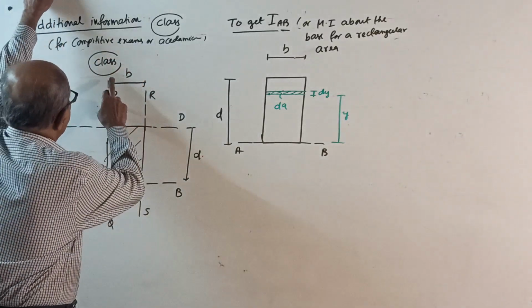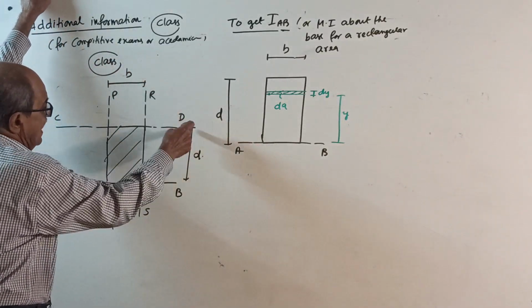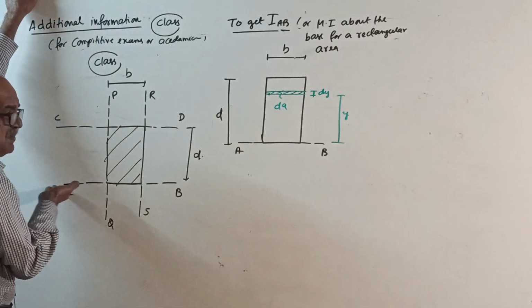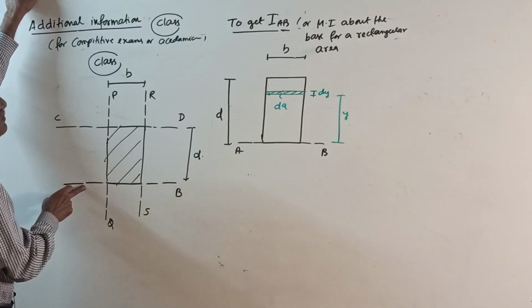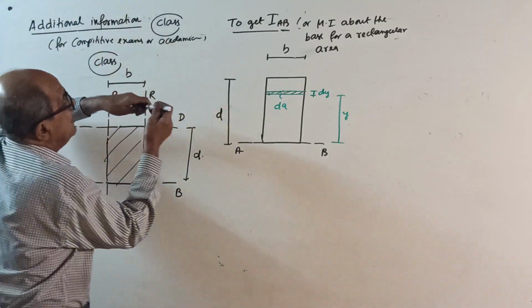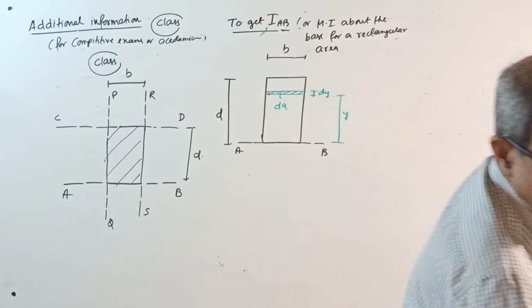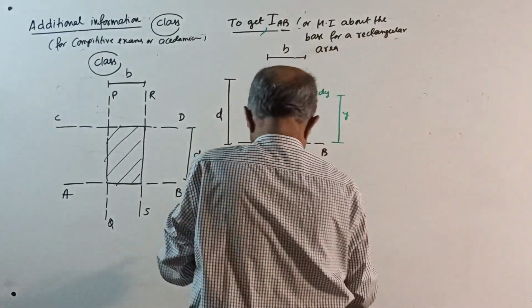See, class, consider width B and depth D, B by D. One axis you take to bottom edge, AB, also called as base. Some people say I about AB, or some people say I about base. Okay, both are same.